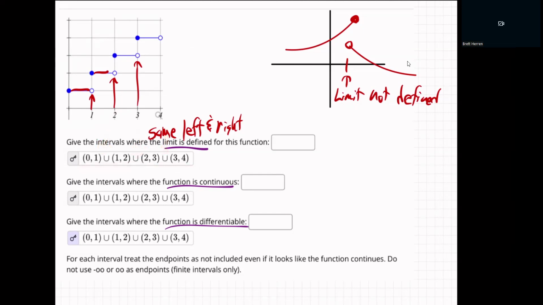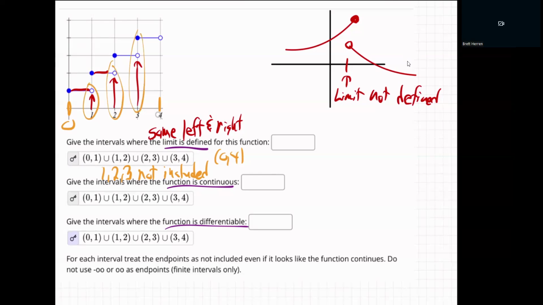Now, let me help you see that. You might be saying, how's that any different than just saying 0 to 4? They just said it in a bunch of pieces. Yes, specifically because 1, 2, and 3 are not included, which is exactly right. Everything from 0 to 4 is okay, except right there at 1, 2, and 3, because those are not the same from the left and the right.